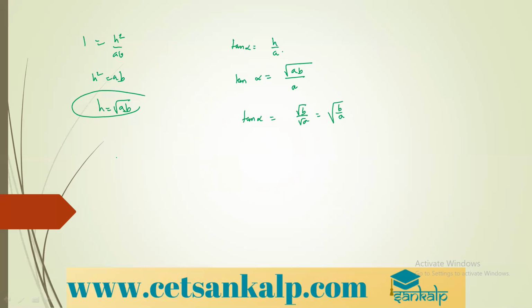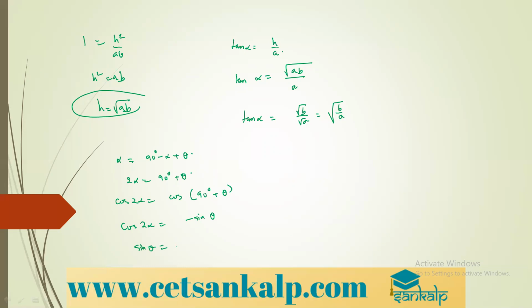Now, because exterior angle is equal to sum of opposite interior angles, I can write 2 alpha equal to 90 plus theta. Cos 2 alpha will be cos of 90 plus theta, or cos 2 alpha is minus sine theta.